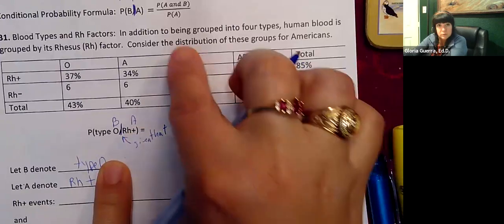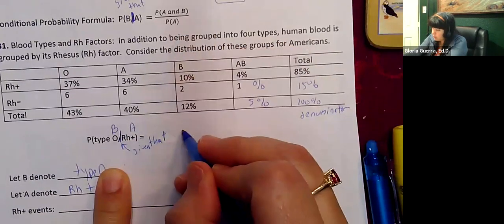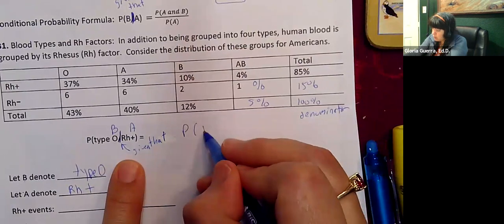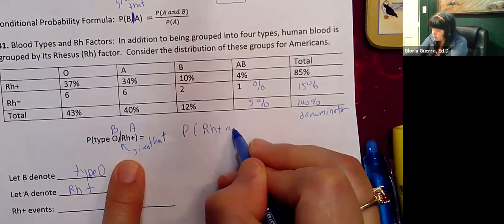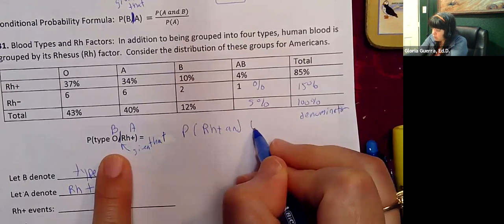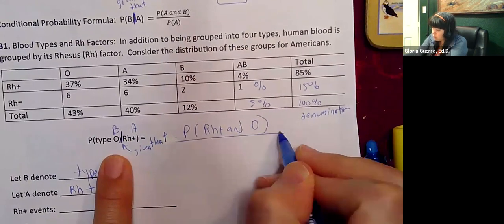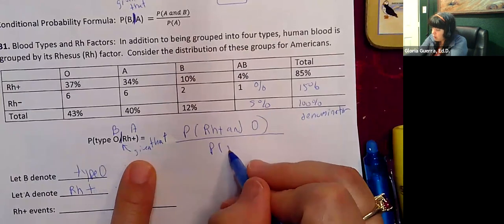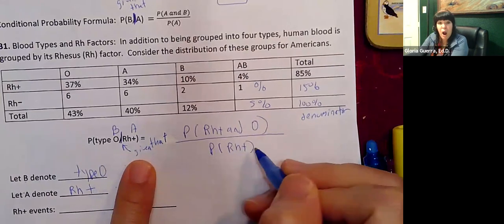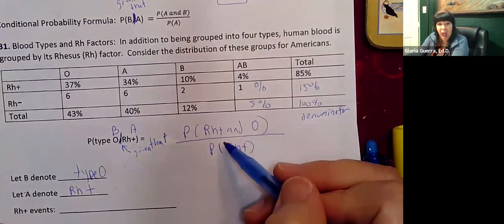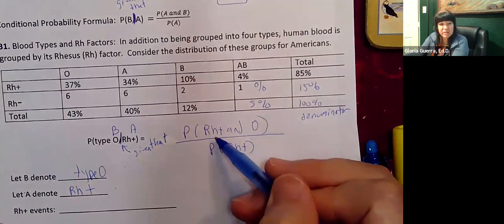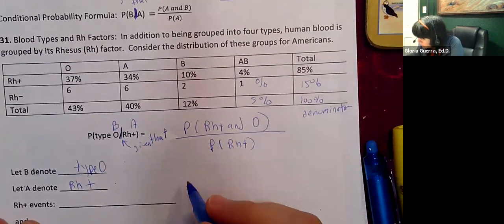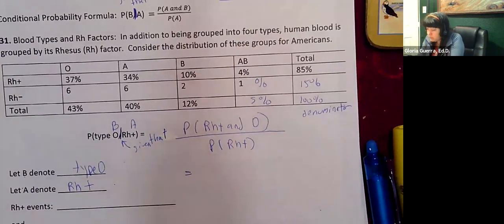And now I'm going to do this part. Probability of A is RH plus, and B is type O, all over probability of A, which is RH plus. Remember this pattern? That looks good. It's supposed to be the same.